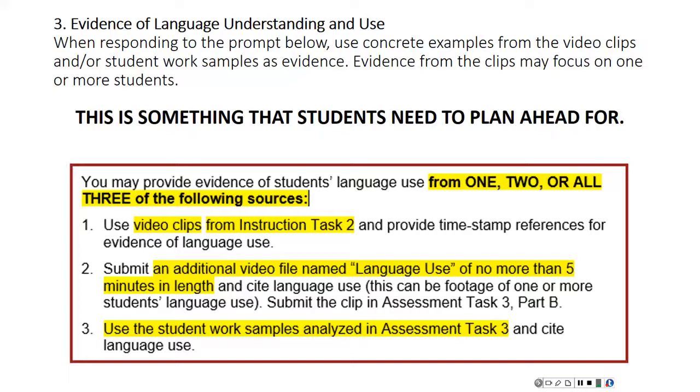Does it not have to be the same learning task? No. But it has to be language use, and they have to use the same concepts as demand, function. Yes. Okay. It needs to be from the lessons, the learning segment. But it doesn't have to be the language task that they described in task 1, 4.